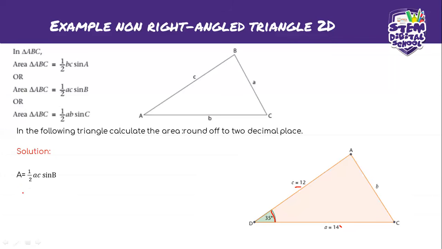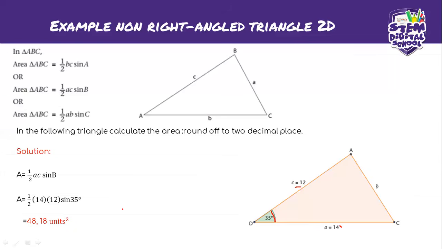Then after writing this, you're going to substitute your values. We have 14 here, 12 there, sine 35. That is the angle that we are having. Thereafter, you just press the calculator. Then you will have your value there, which is 48.18 units squared.